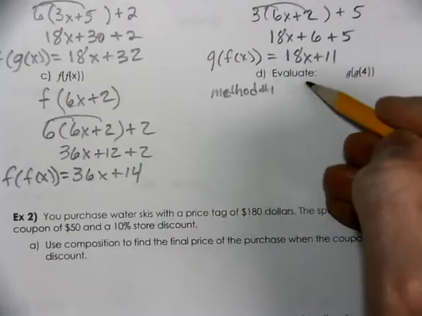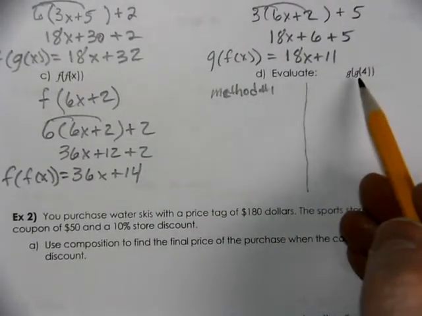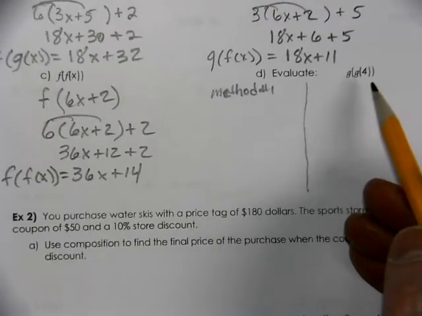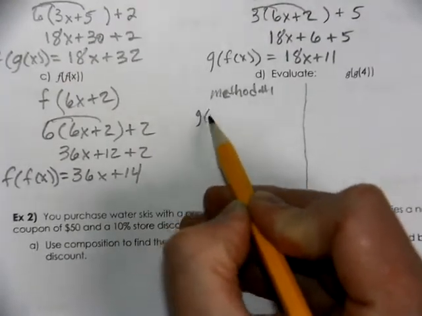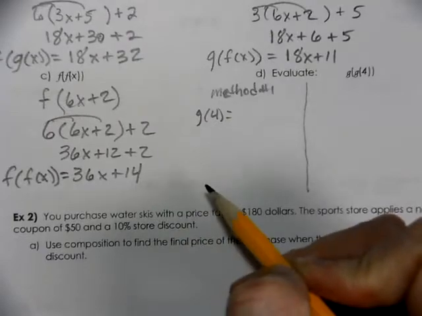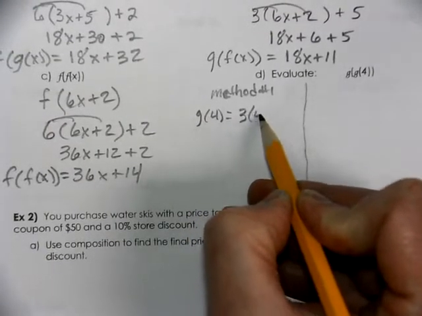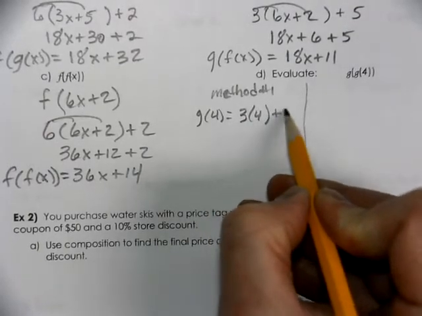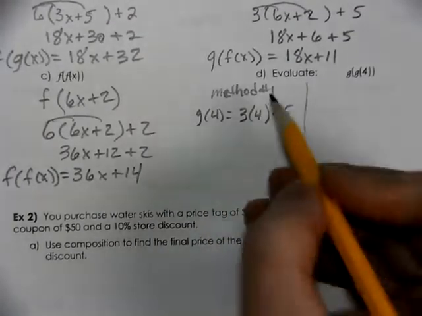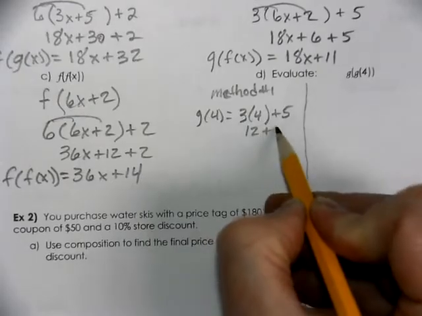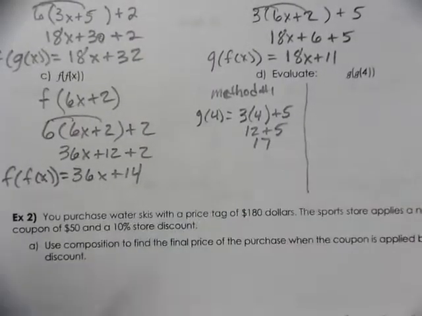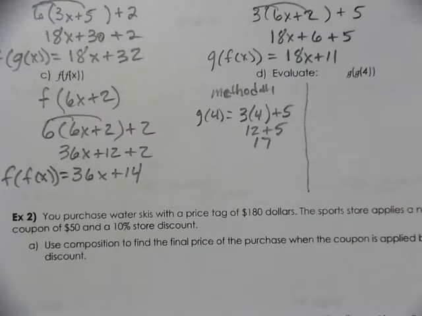Method number 1, we can first figure out what g of 4 equals. g of 4 is going to be the g function plugging in a 4 for the x. So that gives us 12 plus 5, which gives us 17. So g of 4 is 17.